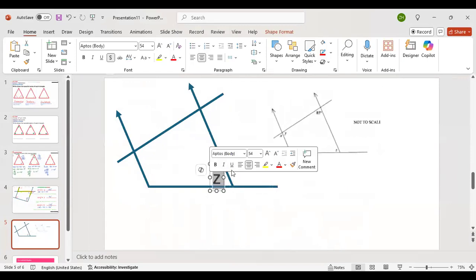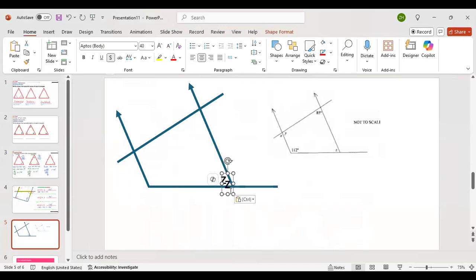Okay, so let's see. Let's say this is C. Let's say that this is X. And let's say that this is Y. And let's say that this is 85 degrees.